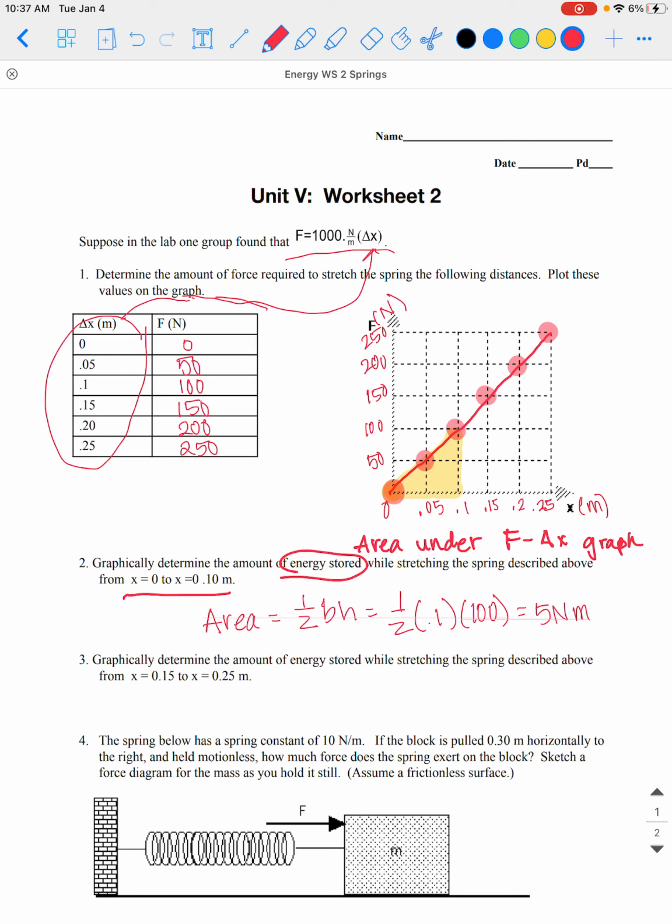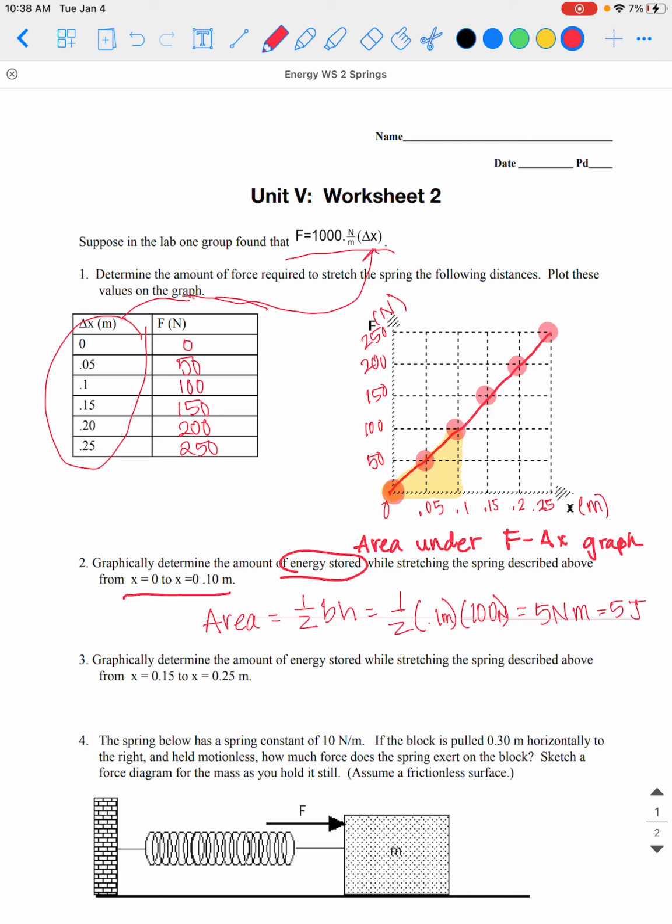Energy can be represented in two types of units: newton meters, which would be the units for the stretch and for the force, but you can also represent it as joules, J for joules.